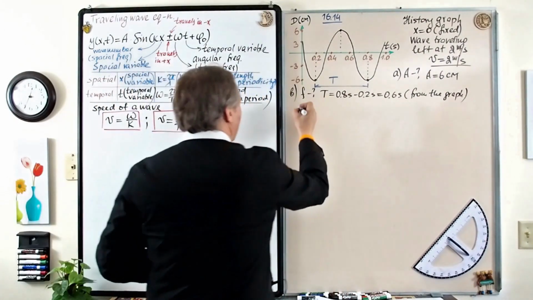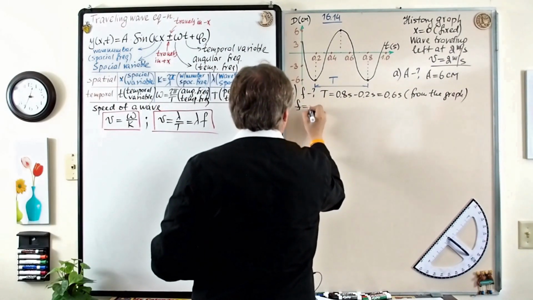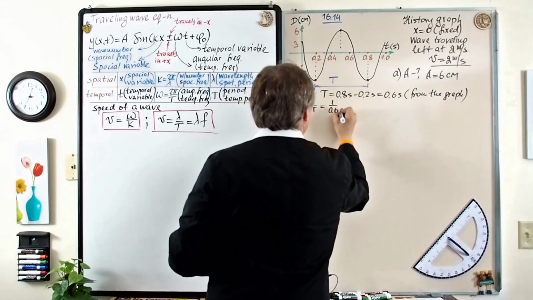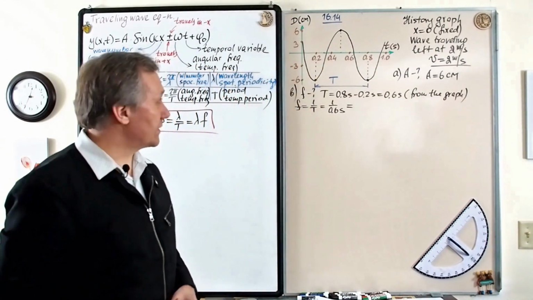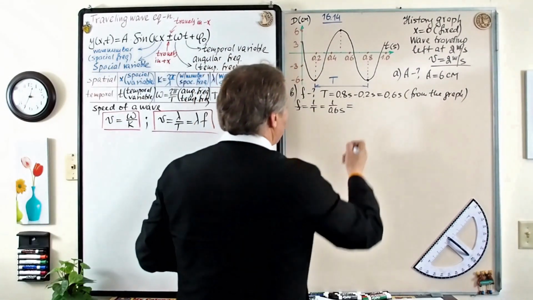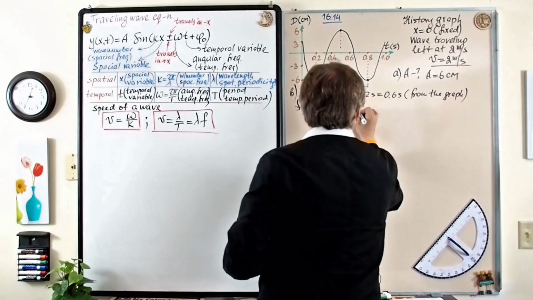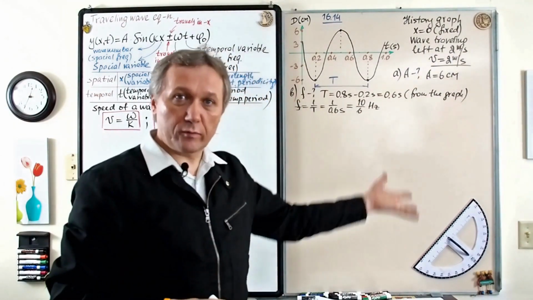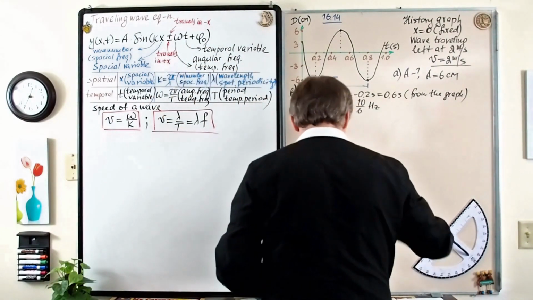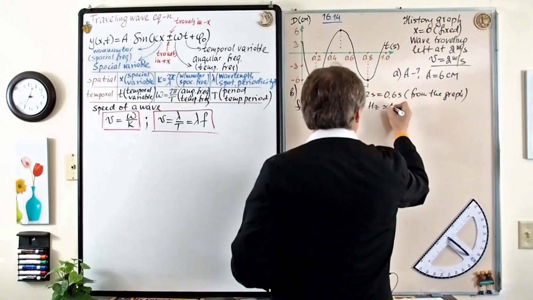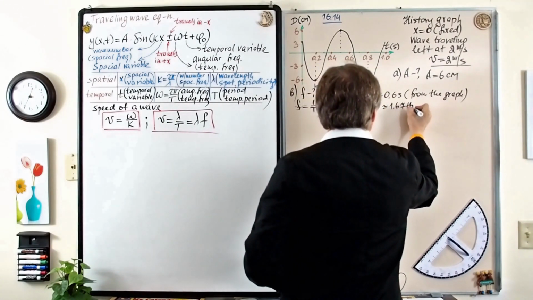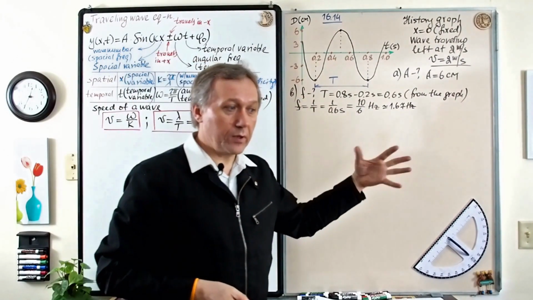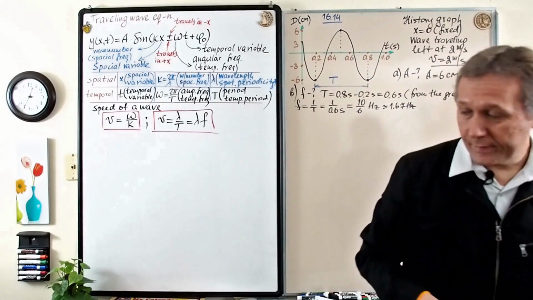And as a result, what is frequency? Frequency equals 1 over T, so it's 1 over 0.6 seconds, which is 10 over 6 hertz. Hertz is 1 over seconds. Of course, you can calculate approximately, it will be 1.67 hertz. As I said, since f is a temporal quantity, finding it is very simple.